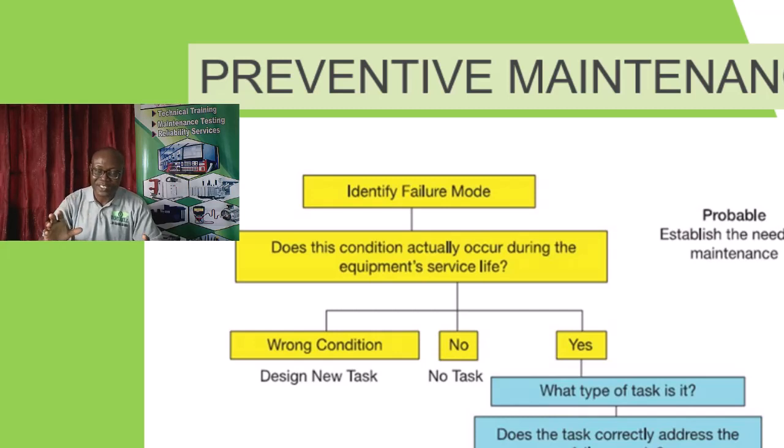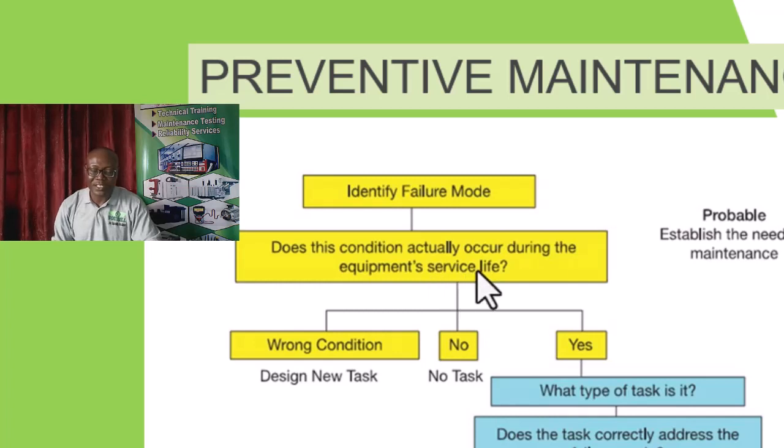If you are able to see it and see the feasibility of it, of course, you will let it slide, that is, you continue with it. But if not, you have to review that maintenance strategy. So you identify the failure mode. That's the first step. Then you ask yourself, does this condition actually occur during the equipment service life?